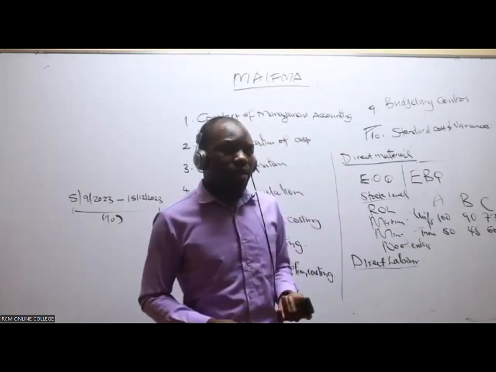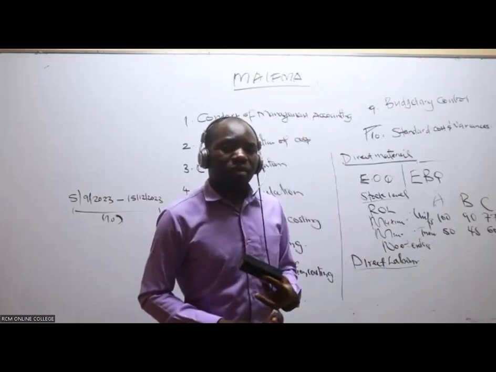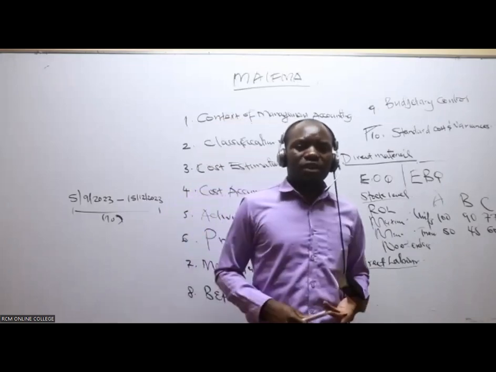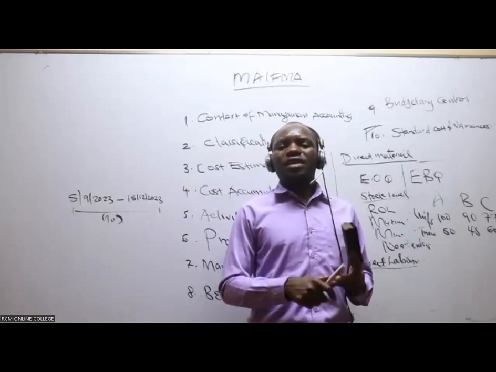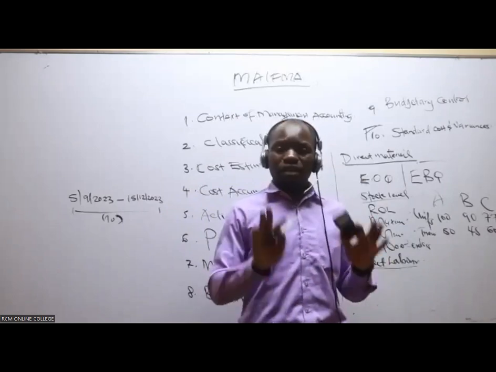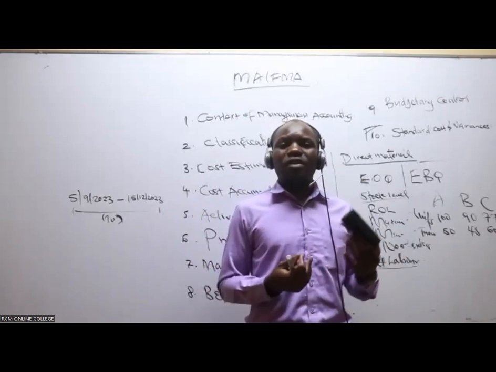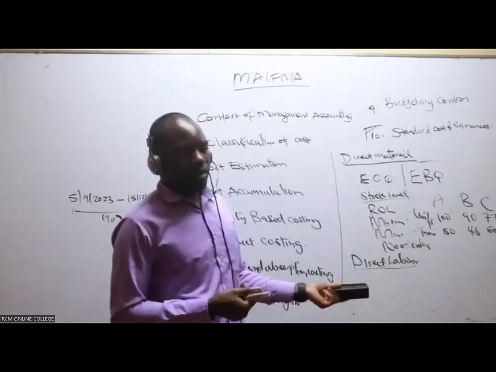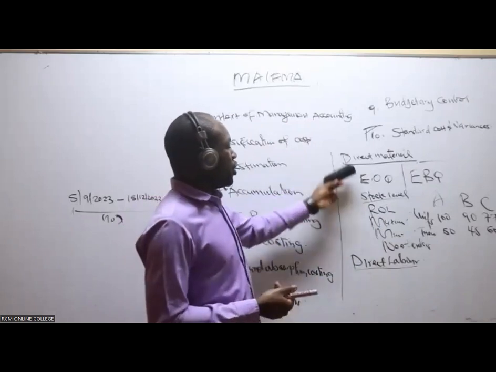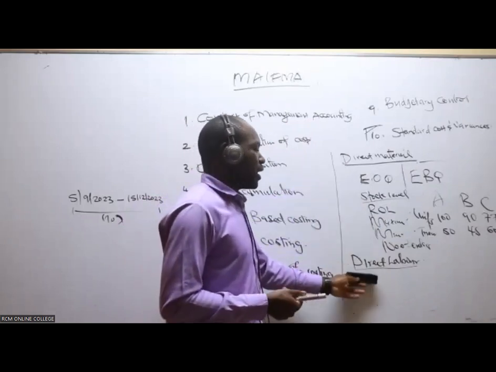And remember, somebody can have the three. Somebody can have basic, be entitled to bonus, and again, have overtime added to that. You can have the three, depending on the nature of the question that you are going to tackle when we reach there. So that's another concept that we need to understand under direct labor.